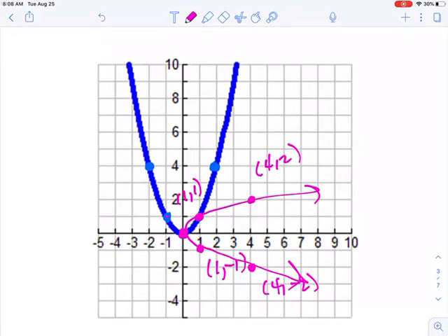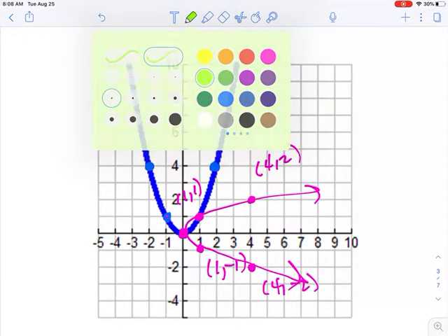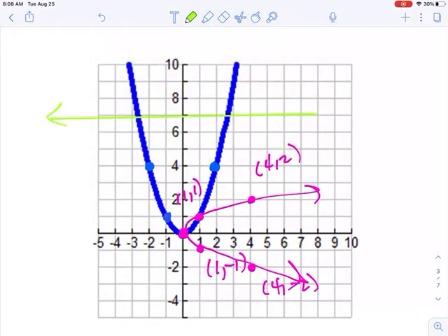Now, some of you might be wondering, well, Mrs. Homan, you told me that if a graph failed the horizontal line test, it didn't have an inverse. And you would be exactly right. So this graph right here fails the horizontal line test because it goes through more than once. So this pink graph, yeah, we found it, but it's not really an inverse because it's not a function.